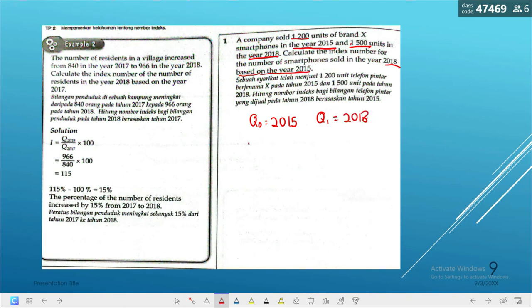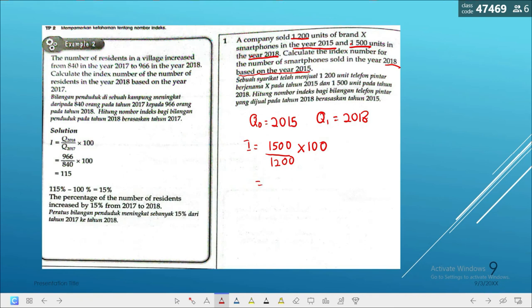So let's substitute in the formula. Q1 is 2018, right? So how many are sold in 2018? 1,500. So 1,500 divided by Q0, which is 2015, so 1,200, and then you multiply with 100.